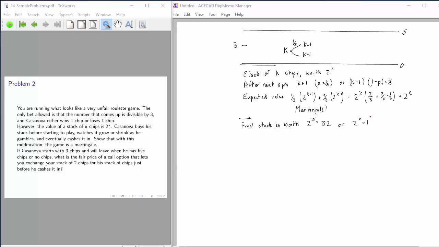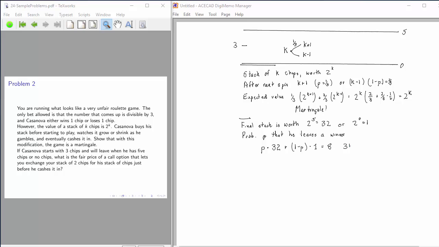And we've shown now that this process is a martingale, so we can calculate the probability P that he leaves a winner by saying that that probability times the amount he gets when he cashes in his winning stack of 5 chips plus 1 minus P times the paltry amount he gets if he cashes in his 0 chips must be equal to the value of his initial stack of 3 chips, which is 8.